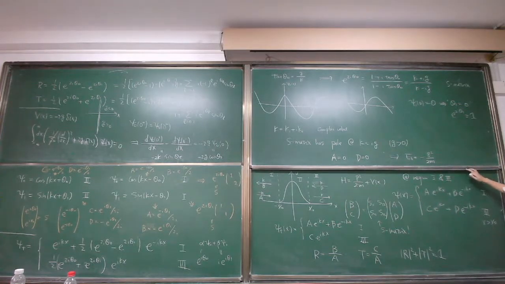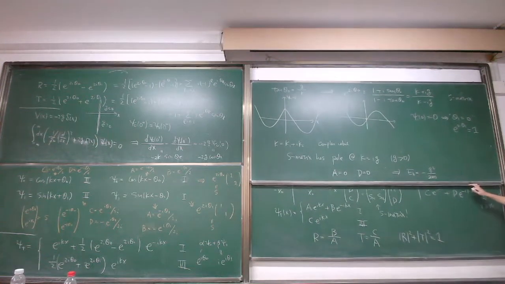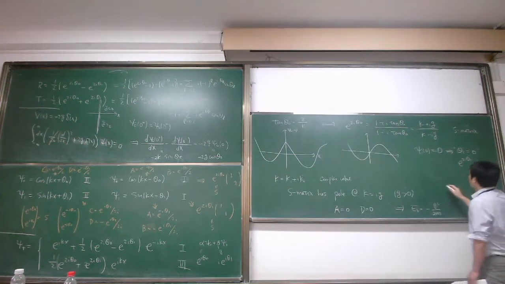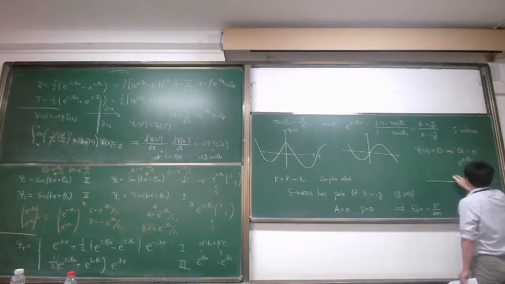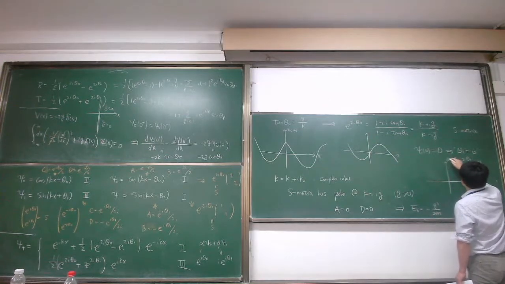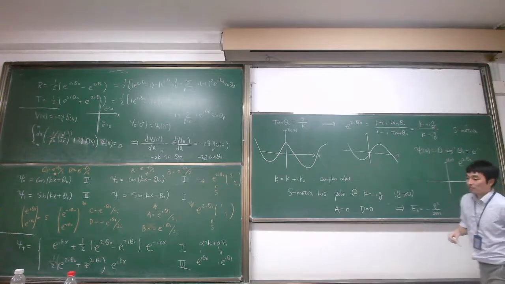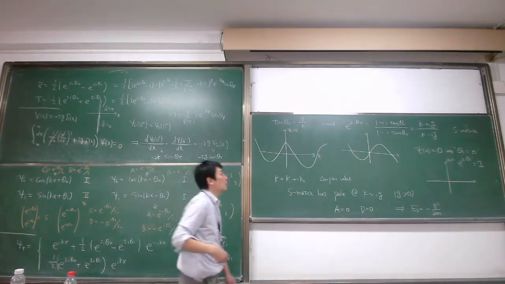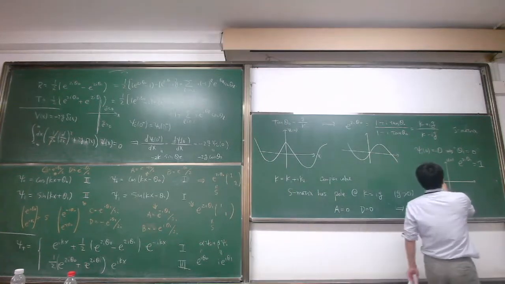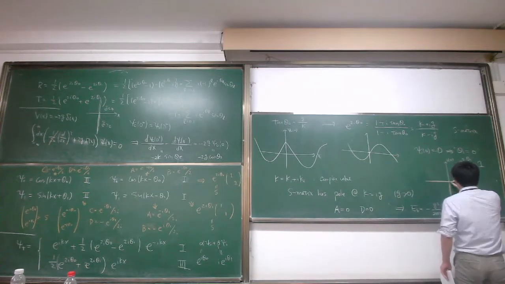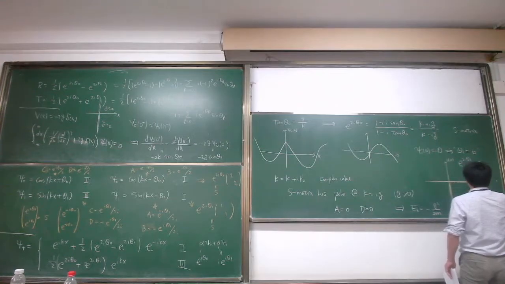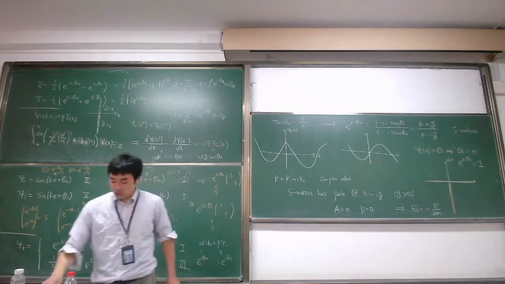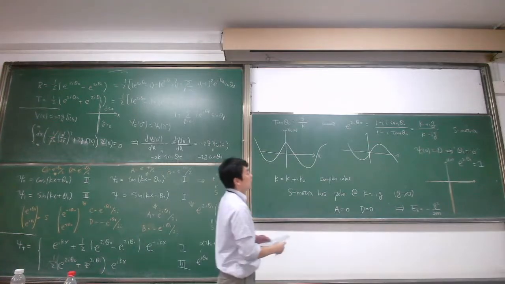So what we saw is that essentially the potential is an attractive delta function potential like this.